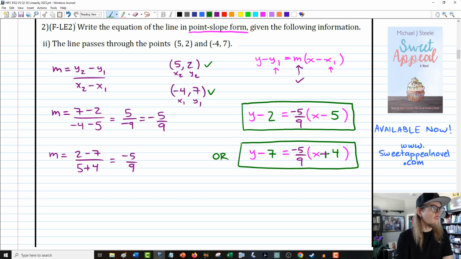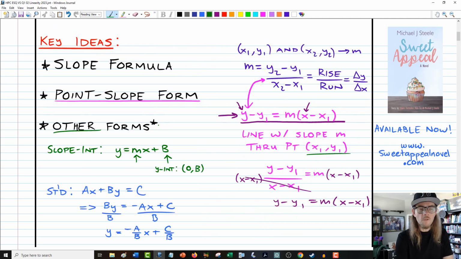Basically, we've hit everything. We've done both examples. This is a pretty limited and narrowly focused question. It's all about the specific linear function skill of being able to generate an equation in point slope form. So just as a quick overview for you, as a reminder, we talked at the beginning about the slope formula, specifically that rise over run relationship that's so fundamental to linearity.